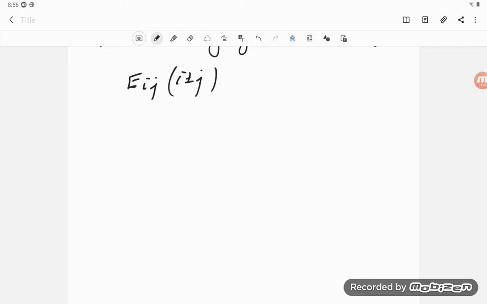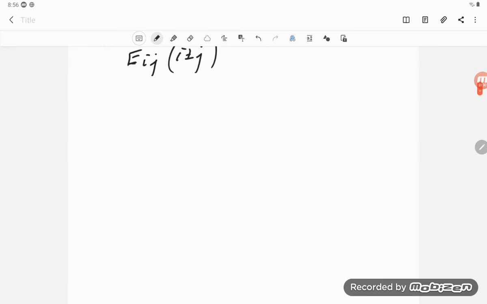And so, suppose I have this big identity matrix here, and it has ones down the diagonal.